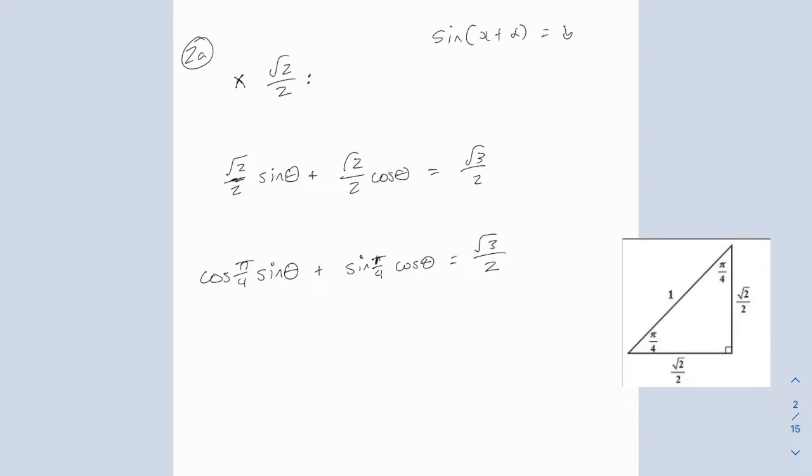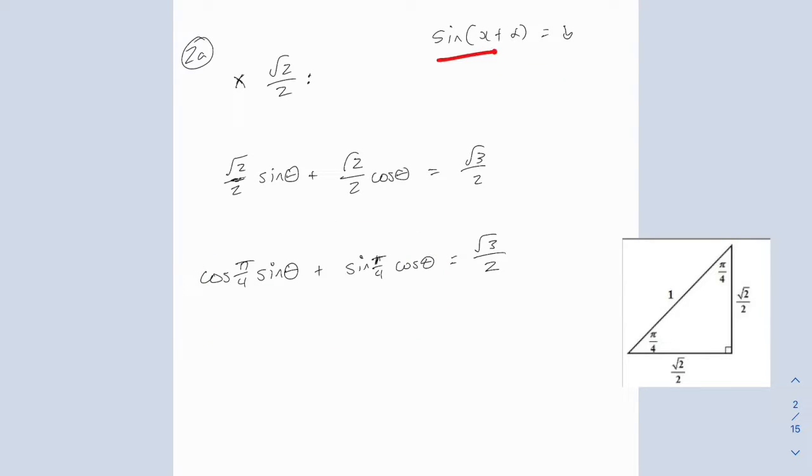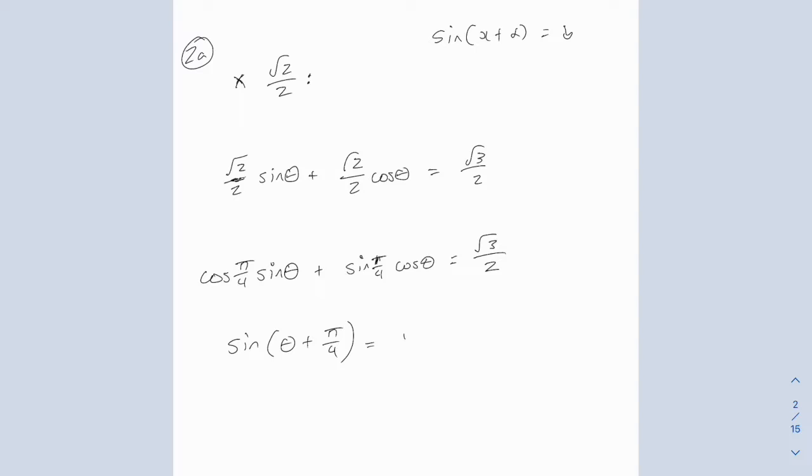Okay, because using this form, I can put it in this form because we're using the compound angle formula. This becomes much easier, and this simplifies down to sine of theta plus pi over 4 is equal to square root 3 over 2.